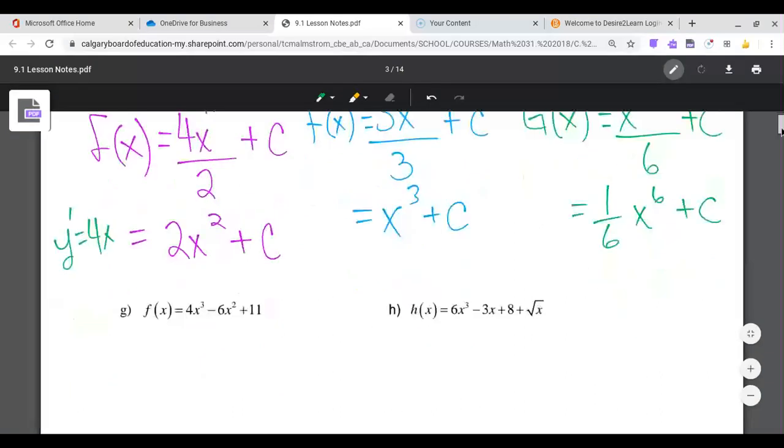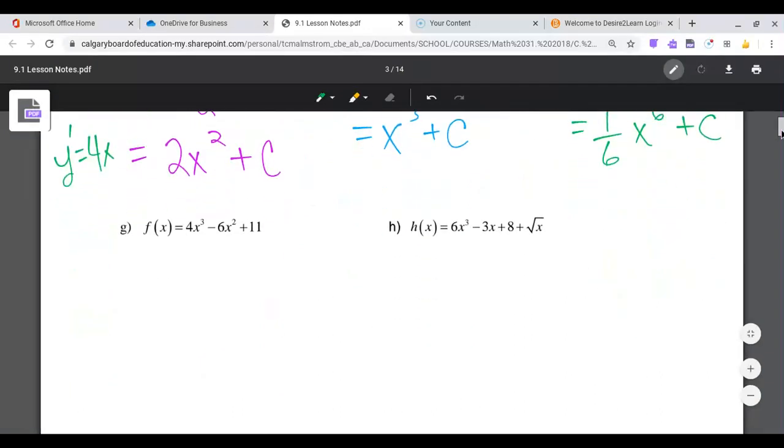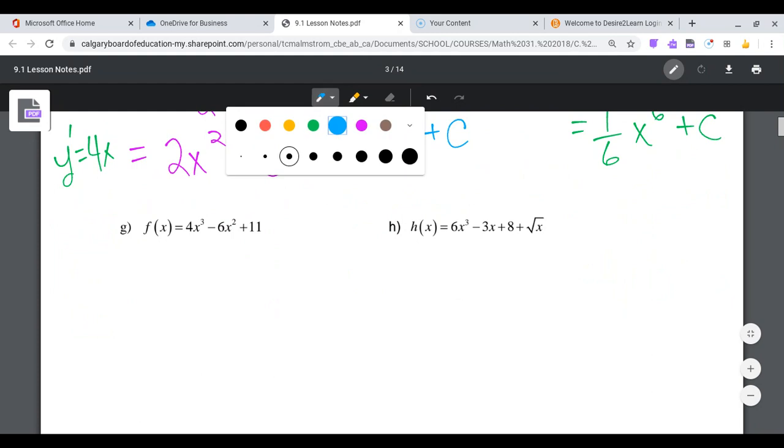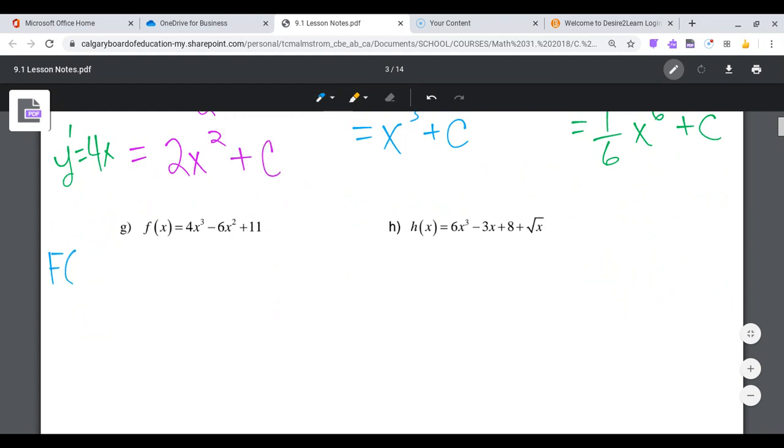All right, let's get into some that have some more stuff going on. These are the ones where we're adding or subtracting functions together. So you just have to do this process with each of them. Okay, so we have big F of x is equal to 4x cubed plus 1, so 4 over 4, minus 6x, 2 plus 1 is 3 over 3, plus 11x plus c.